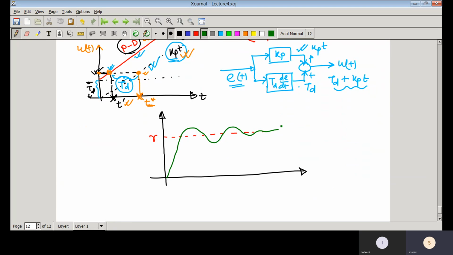It is like this. So then what would be your error signal? This is y(t), and error equal to R minus y. So when t equal to 0, your error signal is here, and whenever y(t) is going like this, your error signal is coming like that.